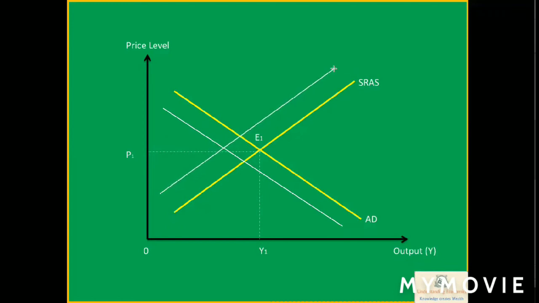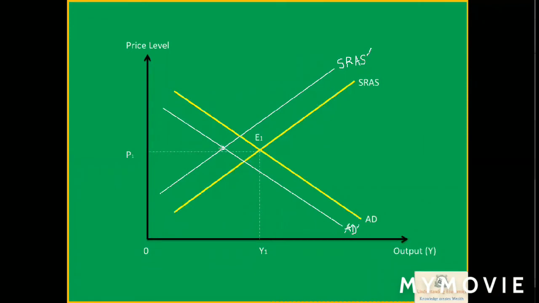Now here, if you look at the new aggregate demand line, which is AD dash, and the new short-run aggregate supply curve, which I am marking here as SRAS dash, then the new equilibrium that we will find is here.